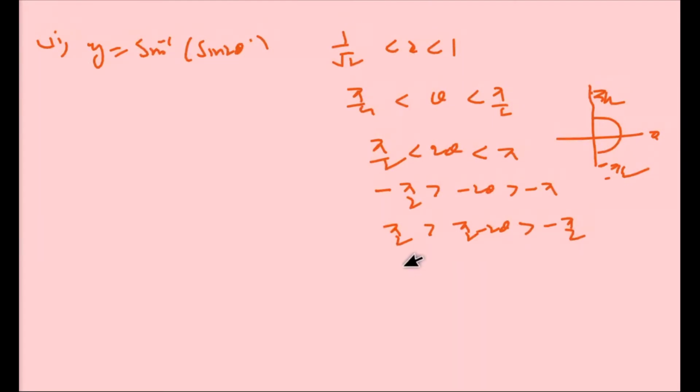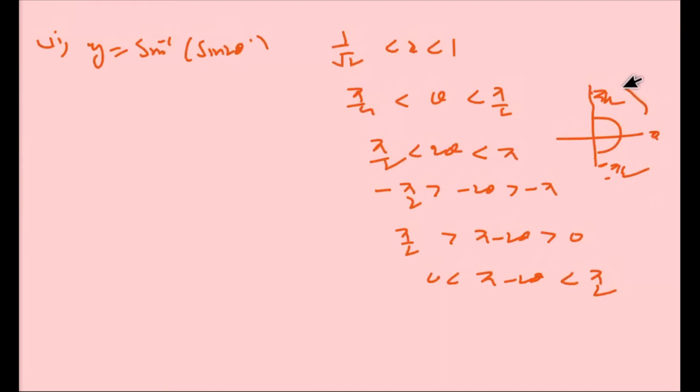So we can take this this way, that this is not our range, minus pi by 2 to pi by 2. We should take adding pi here. That adding pi here, we get pi by 2 greater than pi minus 2 theta greater than 0, or 0 less than pi minus 2 theta less than pi by 2. So we are getting this range.